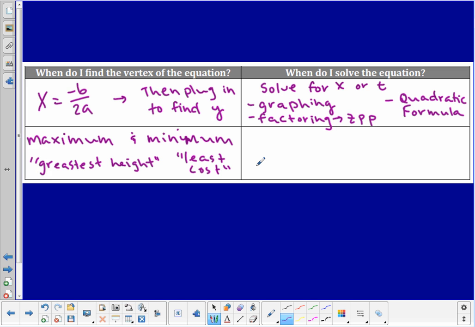Then the things that tell us that we need to solve are when we see phrases like when will it hit the ground, or hit a certain point.